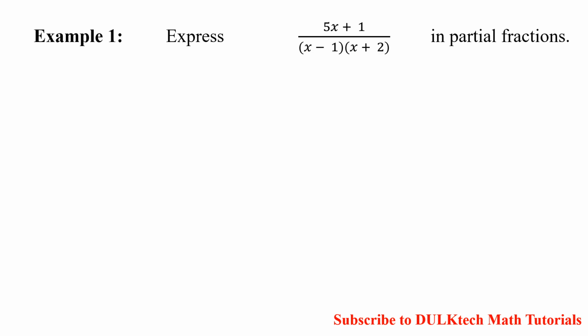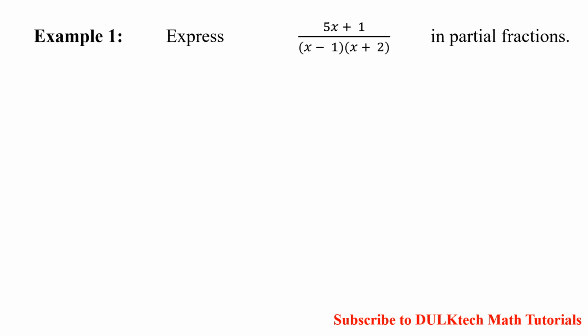Having these linear factors, there is a possibility of having a fraction where this first factor is the denominator. We don't know the numerator, so we're going to use A to represent the numerator of this x minus 1. Right, there is also a possibility of having x plus 2 as the denominator of the other fraction. Since we don't know the numerator of that fraction, we are going to use B as the numerator.